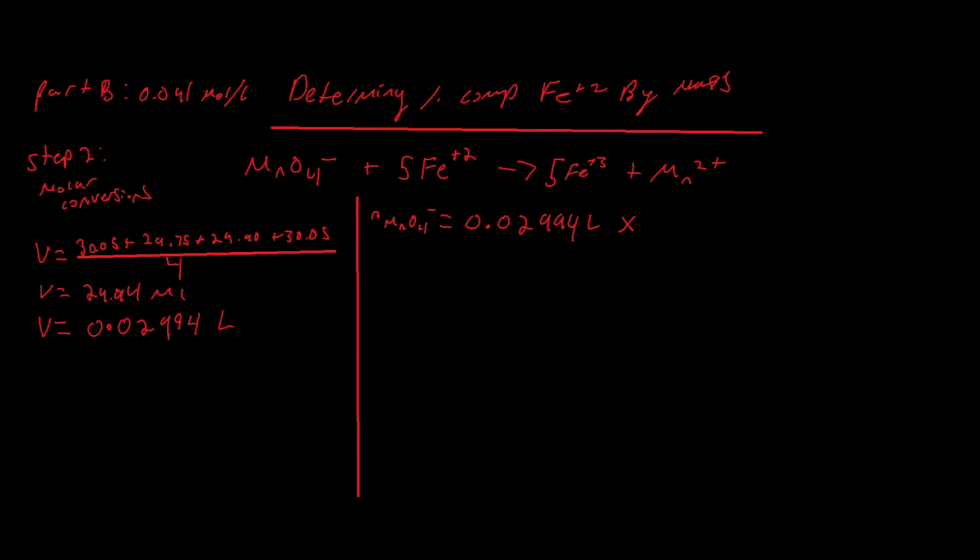Theoretically, it should be 0.1, but there is definitely room for error, and you should not have exactly 0.1 moles per liter. So in our case, you would use whatever you calculated for your molarity in part B. But in my case, it happened to be 0.091 moles per liter solution.